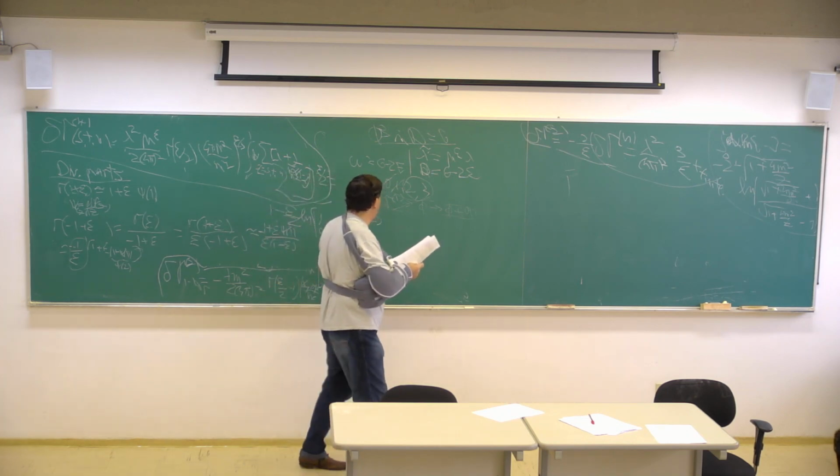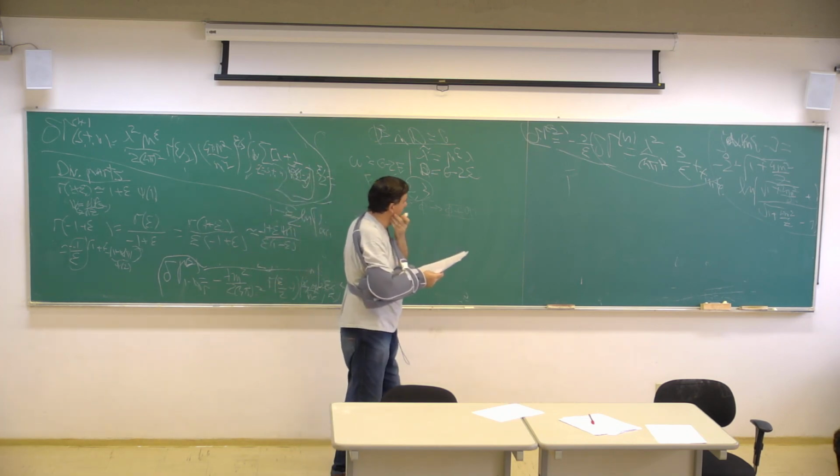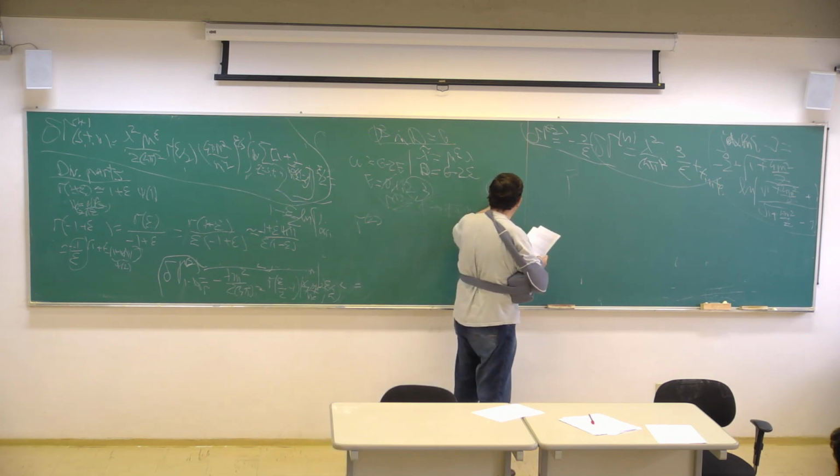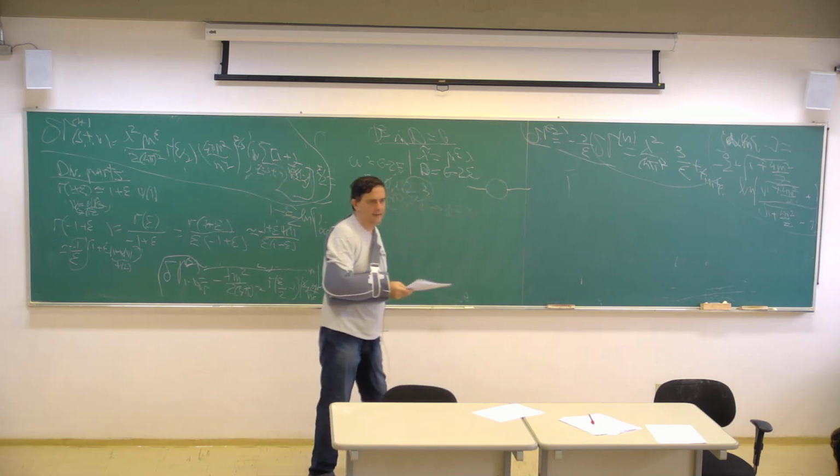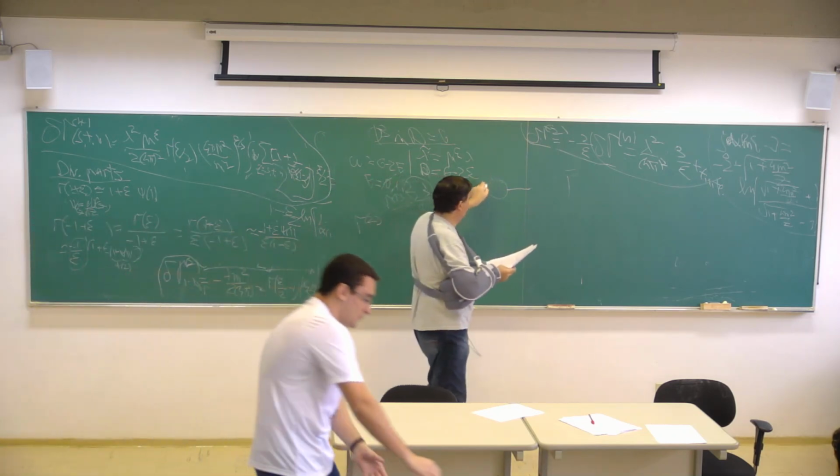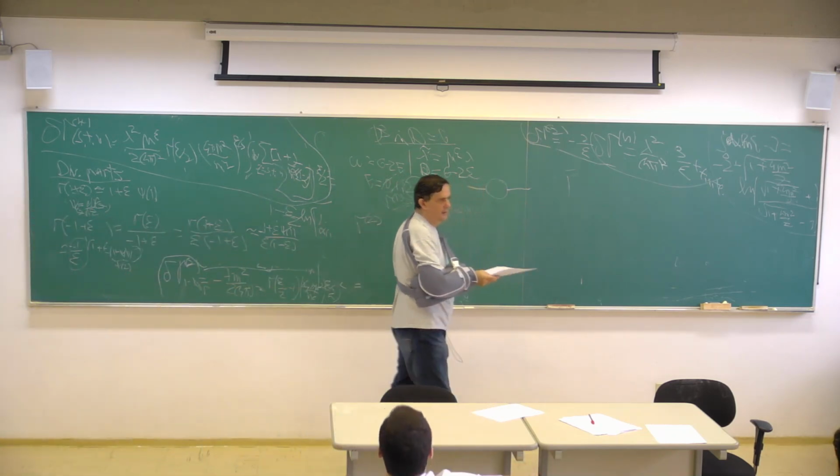Now, for gamma 2, at one loop with 2 external lines, there's that. There's nothing else. You write one loop, you write 2 external lines, and that's it.